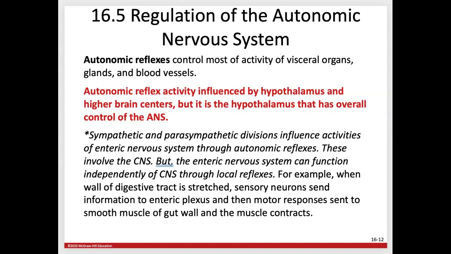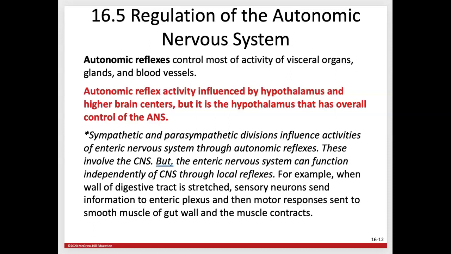Sympathetic and parasympathetic divisions influence activities of the enteric nervous system through autonomic reflexes. These also involve the central nervous system, but the enteric nervous system can function independently of the CNS through local reflexes. An example of that is when the wall of the digestive tract is stretched.